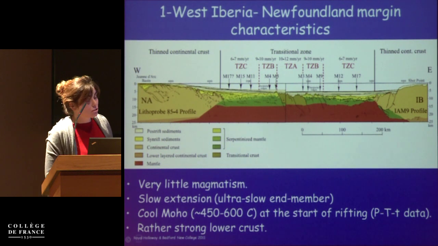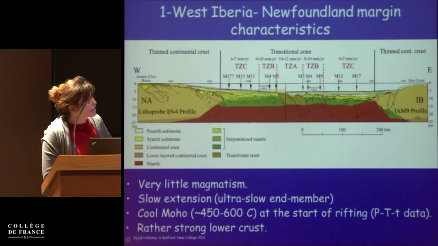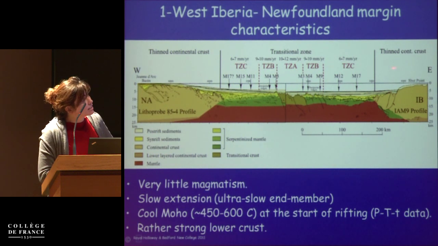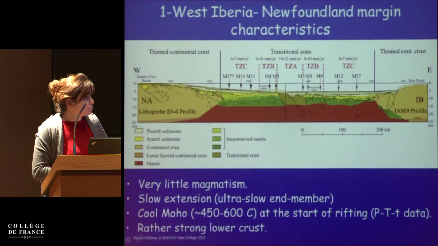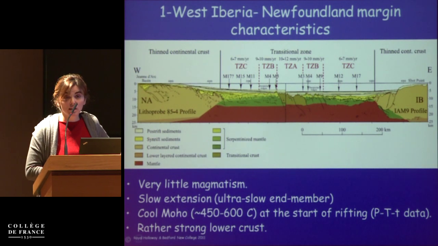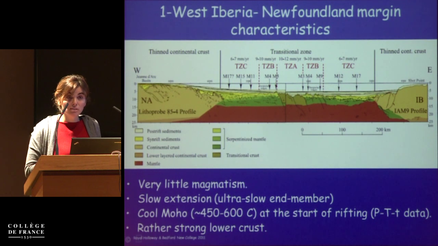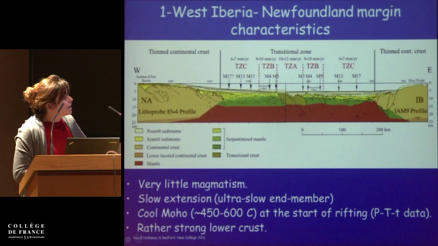Velocities of extension derived from IODP drillings and modeling of magnetic anomalies suggest that the velocities of extension are very slow here. They are well within the ultra-slow end member for oceanic crust, typically 4 millimeters per year half spreading.